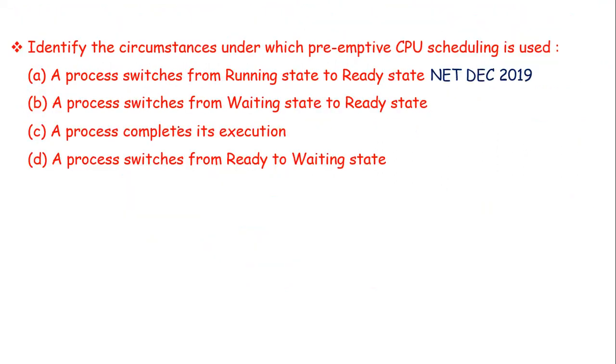Our next question is: identify the circumstances under which preemptive CPU scheduling is used. Statement A is, a process switches from running state to ready state. Whenever a process switches from running to ready state, preemptive CPU scheduling is used.